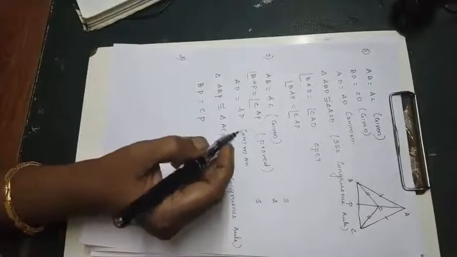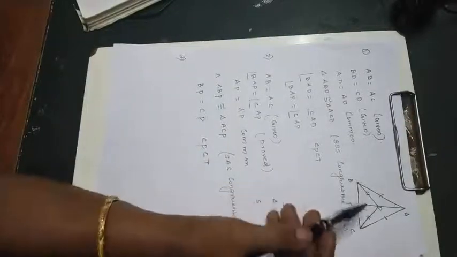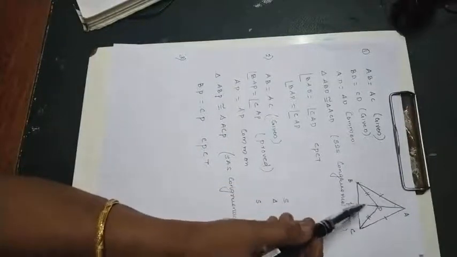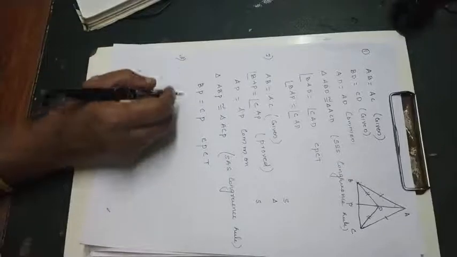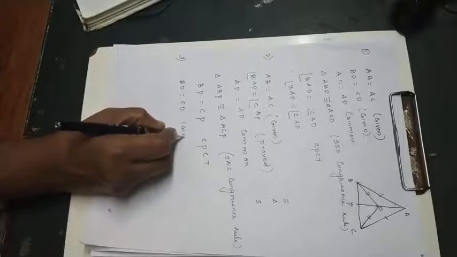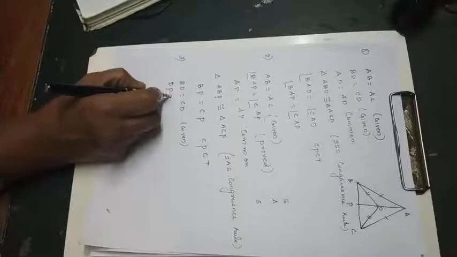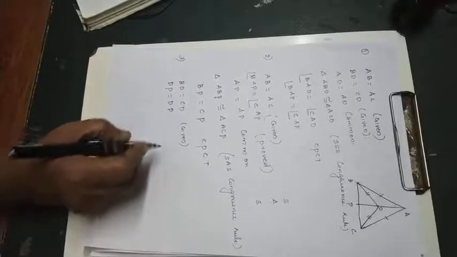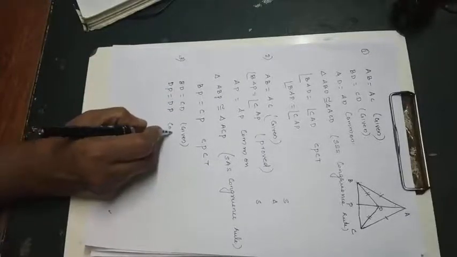To prove the second part, you have to take the triangles BDP and CDP. In that, BD equal to CD, that is given. DP is equal to DP, common.